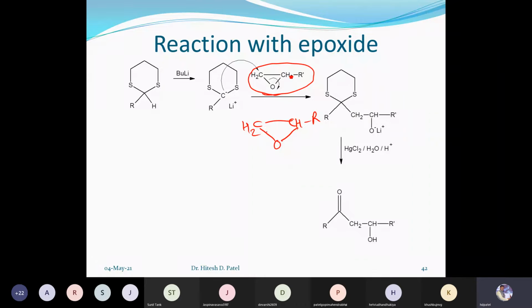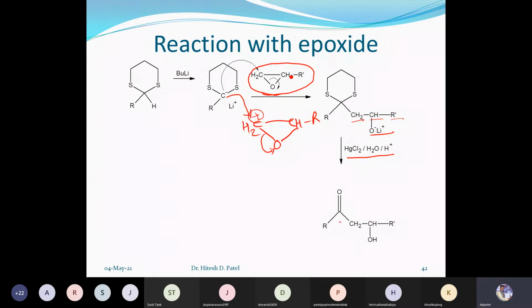Oxygen has higher electronegativity, so oxygen will pull electrons. When oxygen pulls electrons, this carbon becomes positive and this oxygen becomes negative. As a result, the carbanion will attack this position. So we will get CH2 CHR-OLi. After that, by treatment with HgCl2, water and acidic conditions, we will get RC=O CH2 CHOH R'.